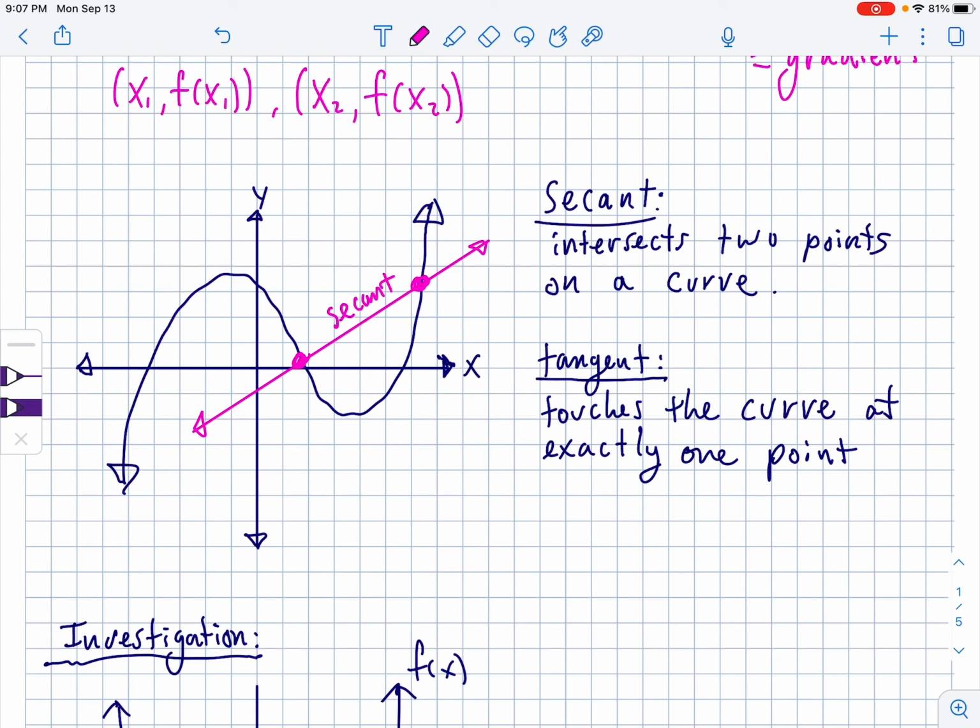We're going to redo that, it's kind of sloppy, and touches the point barely right there on the curve. This is called the tangent, or it's a tangent to the curve. It's a line that touches the curve in exactly one spot.